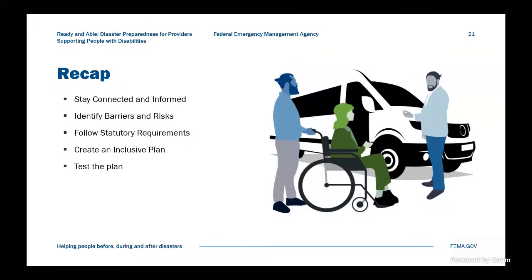So it's essential to start having those conversations well before any disaster or emergency. And also, hopefully, you've learned that there may be legal or statutory or licensing requirements, and so you need to learn what those are.